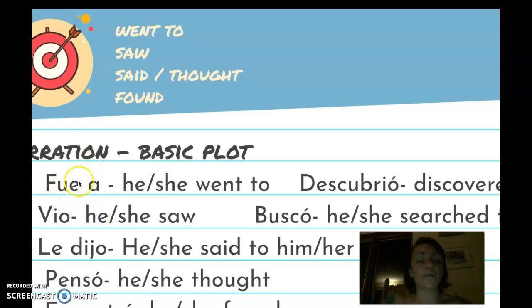Entonces, Richard fue al baño y vio un zapato muy bonita de Air Jordan y le dijo, hola, Air Jordan, me gusta tu cheque. I like your check. I don't know. Or, me gusta tu color.